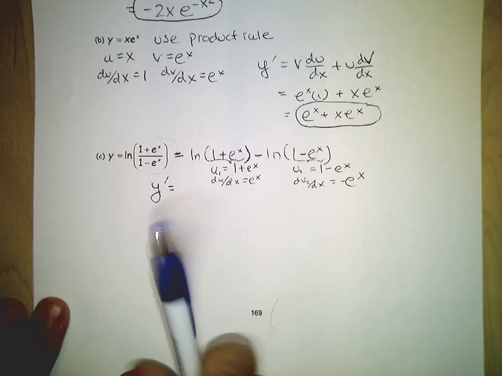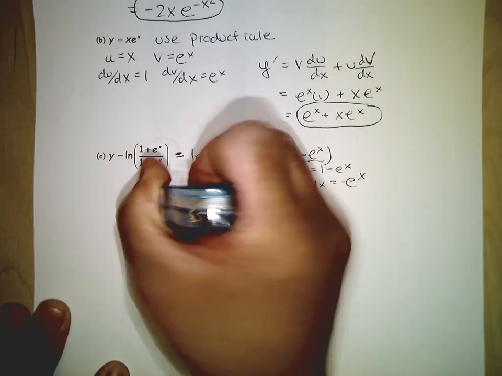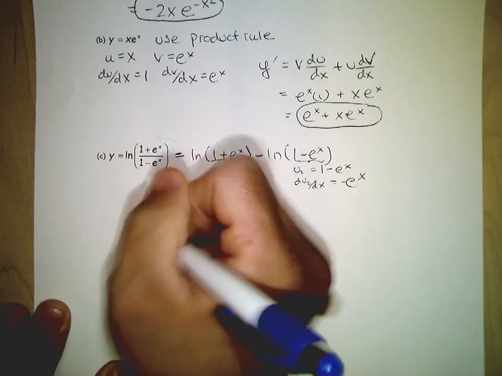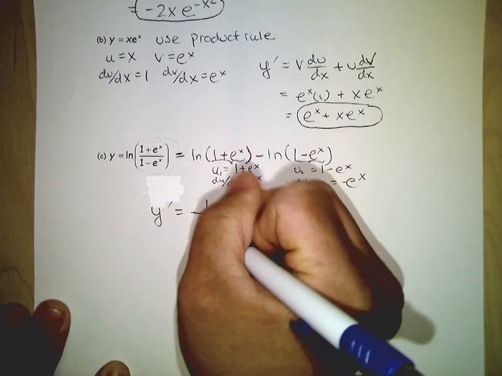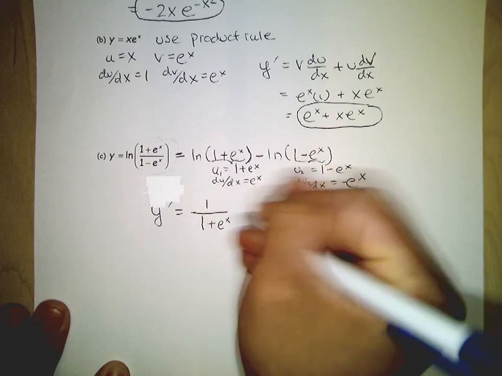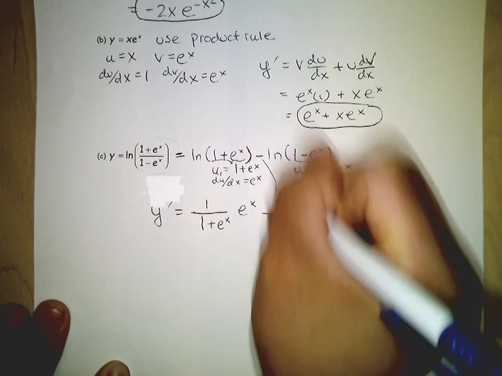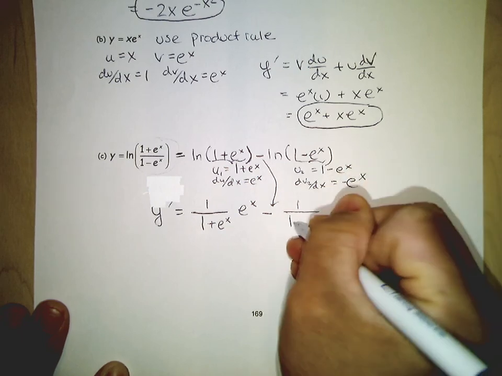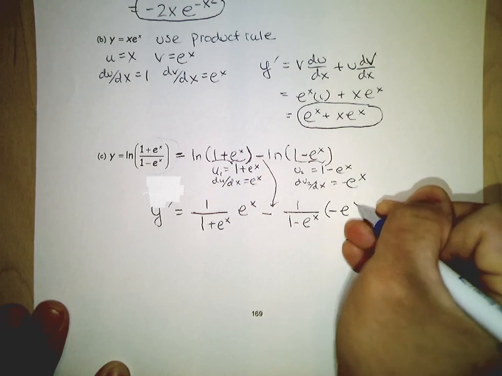So y prime will be 1 over u, so 1 over 1 plus e to the x times du dx, e to the x, minus this. So 1 over u, 1 minus e to the x, times du dx, negative e to the x.